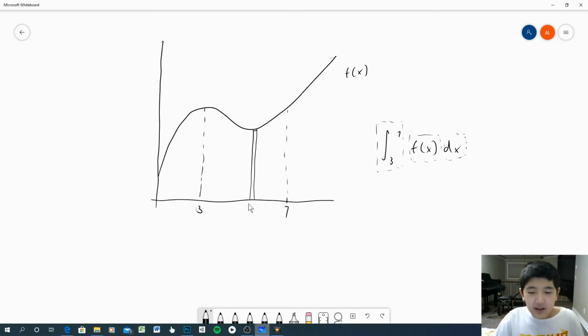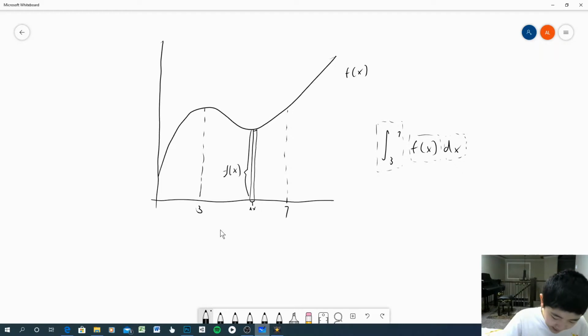So, let's name this point over here just any random point. We know that the thickness of this little slice would be dx. And we know that the height of this little thin slice would be f(x), if this is our x.